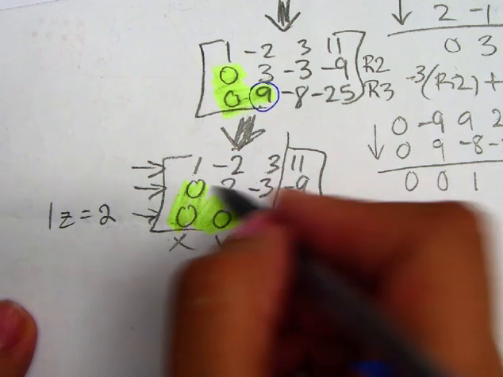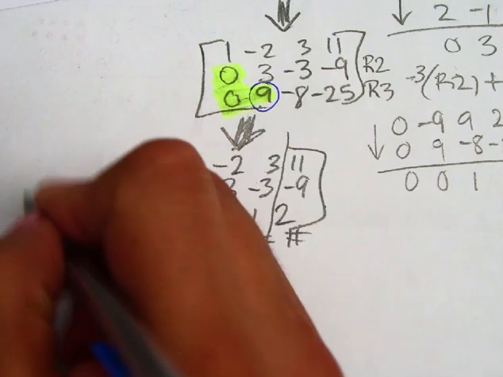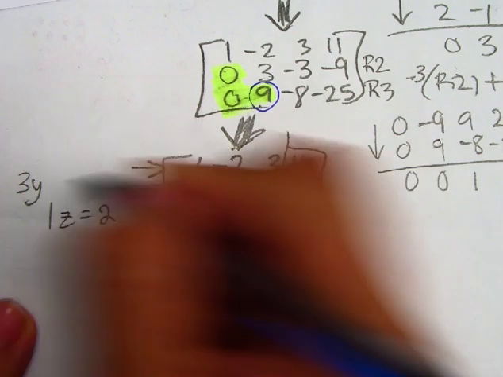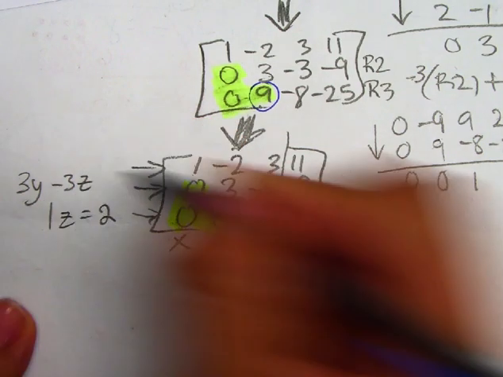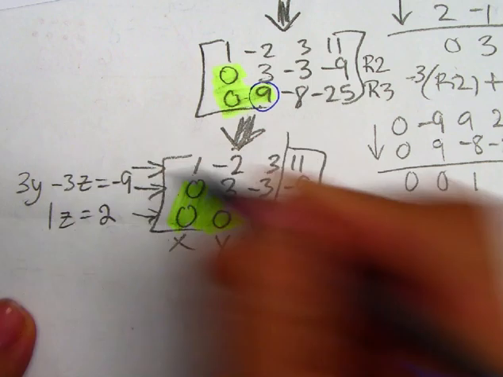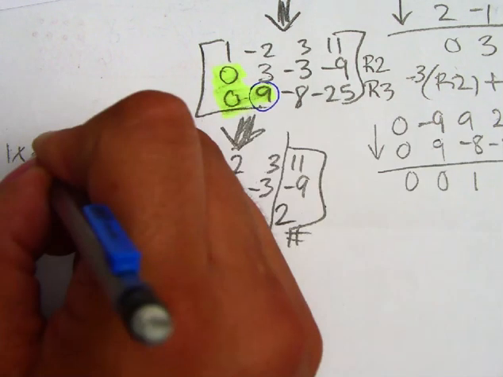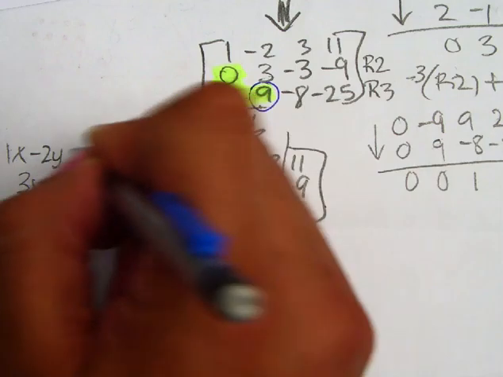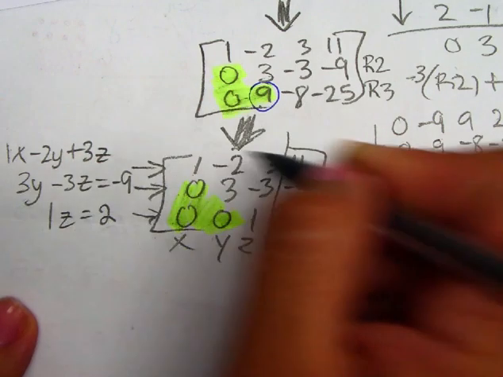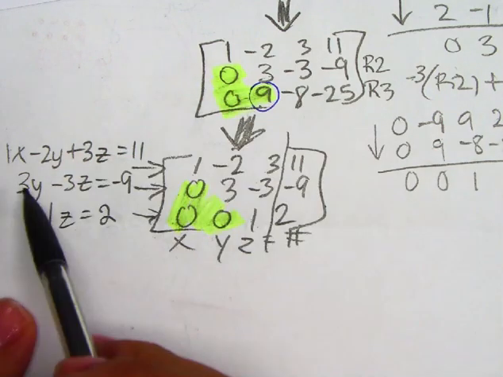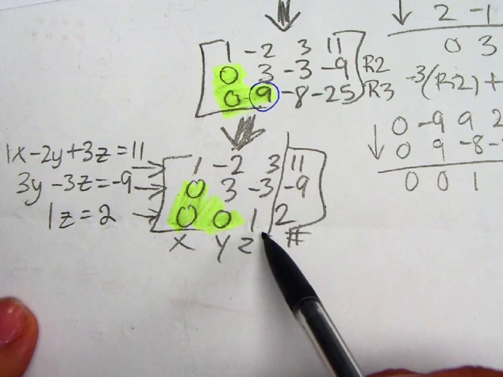The middle one is seeing it as no x. So we're going to put 3y minus 3z equals negative 9. And then the first one will be 1x minus 2y plus 3z equals 11. So these are the equations that are created from this.